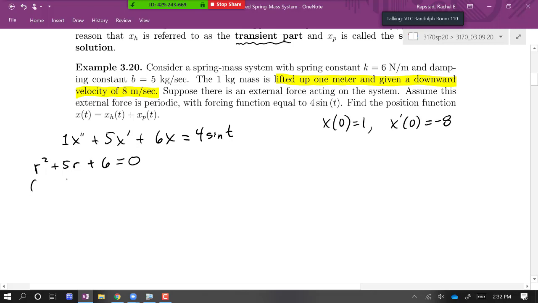I think this factors. So r plus 3, r plus 2, and we get negative 3 and negative 2 for solutions. So what's our homogeneous solution?